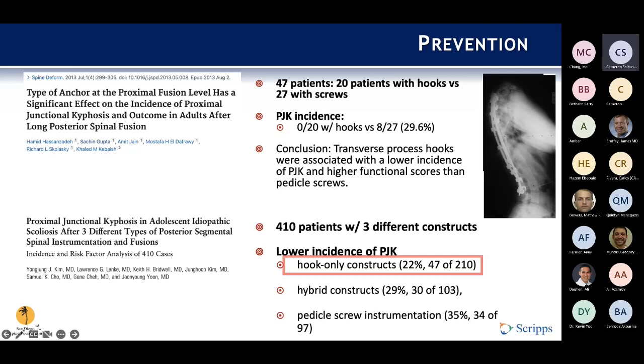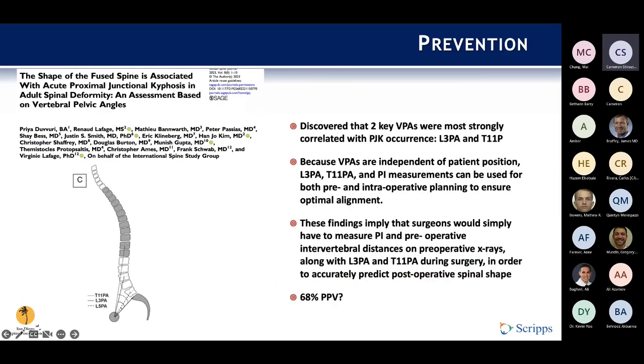And then there was also a separate study in the AIS population from Spine in 2007 that looked at 3 types of posterior instrumentation constructs, and they demonstrated lower incidence of PJK with hook-only constructs as well. So now when you talk about prevention, different ways of going about that and how you need to assess the spine and what your goals are during surgery.